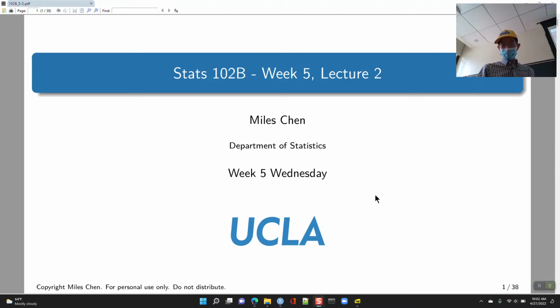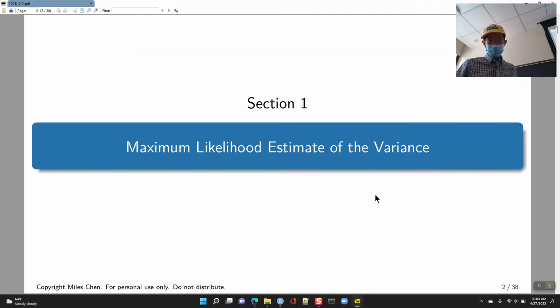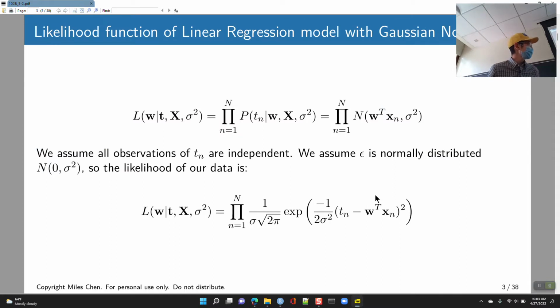Okay. Let's take a look at today's lecture content. We started on Monday talking about maximum likelihood estimation, and this is where we left off. For linear regression, we want to maximize this likelihood function.